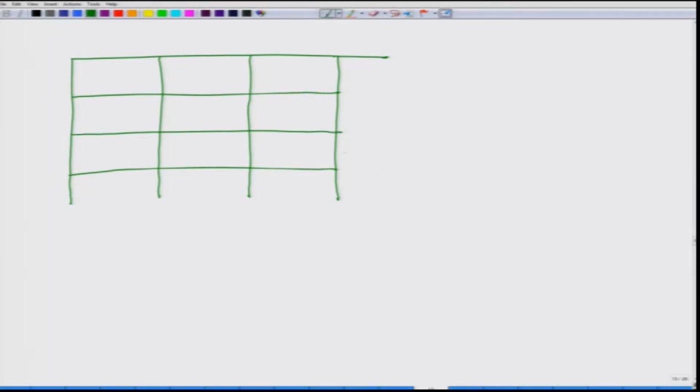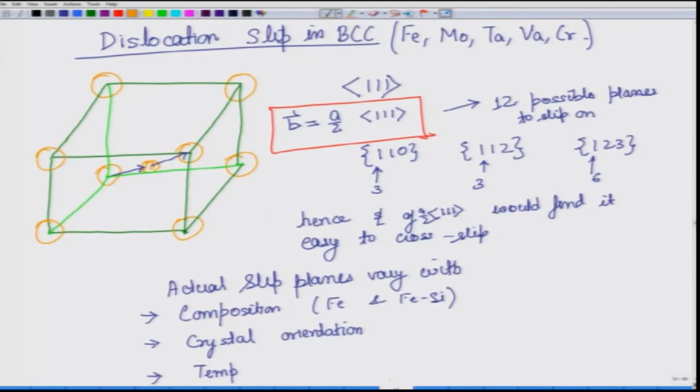So, what we are looking at here is the 110 plane of a BCC. So, if it is a 110 plane, where should the atoms lie? And if you go back here, this is the plane, and as you can see, this side is smaller, this is a, while this is a√2, and one of the atoms lies at the center, others lie at the corners.